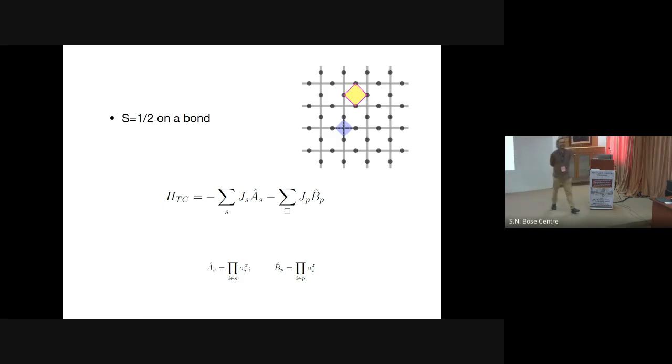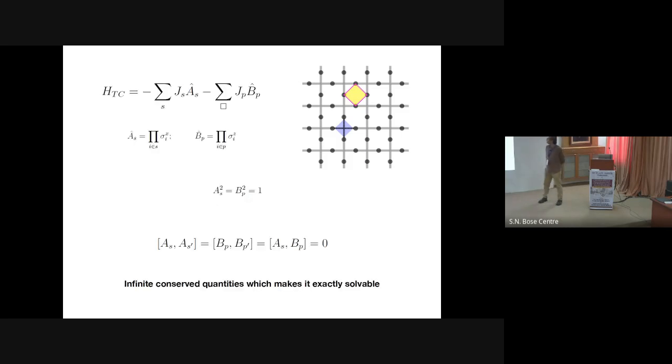So this is a Hamiltonian. If we take this Hamiltonian and think about these different A_s and B_p operators, note that they're products of sigma matrices. Sigma matrices square to identity, so they square to identity.